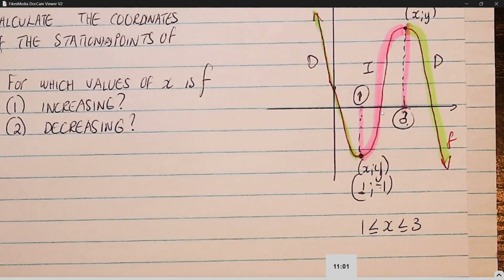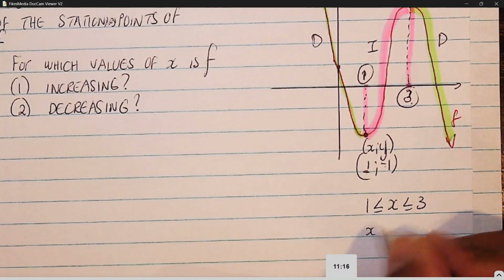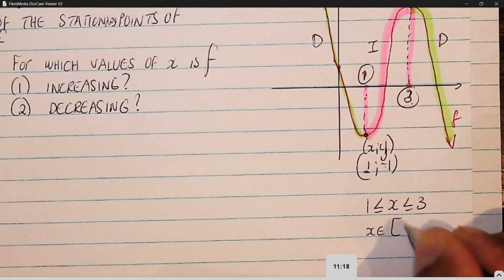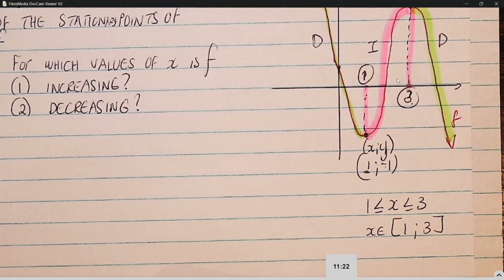It's between this part here from 1 to 3. And if you have to write it in interval notation, this can be x as an element between 1 and 3, right?